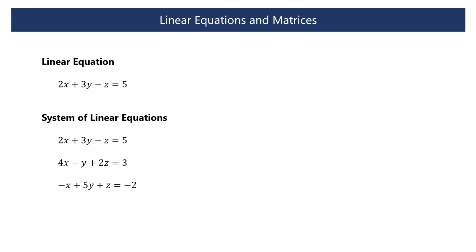When we have a set of such equations, we call it a system of linear equations. The goal is to find the values of x, y, and z that satisfy all these equations simultaneously. Solving these equations directly can be tedious, especially for large systems.